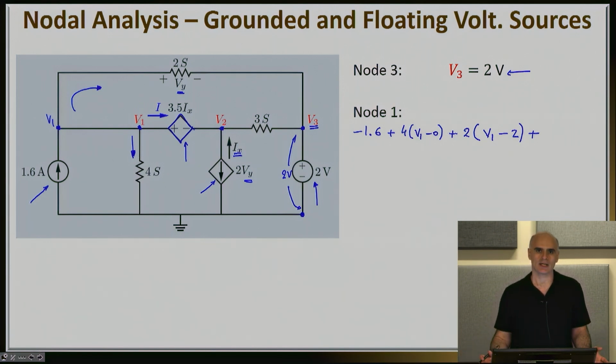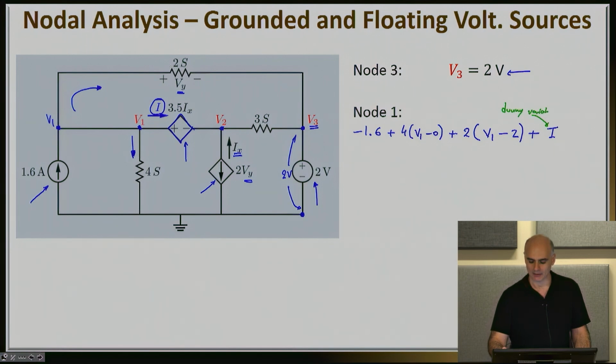So we're kind of stuck here, and the way to address that problem is by introducing what we call a dummy variable. I'm going to call this current I, as you will see right here. It's going to become an unknown. We call it a dummy variable because this is not something I'm truly trying to find here, but I have no other way but to introduce it and find it at the end.